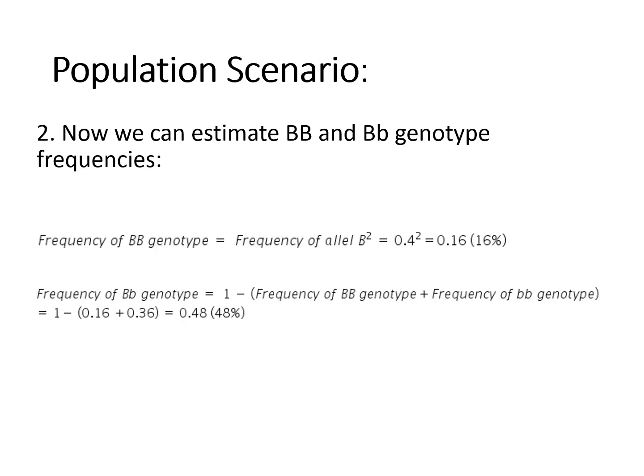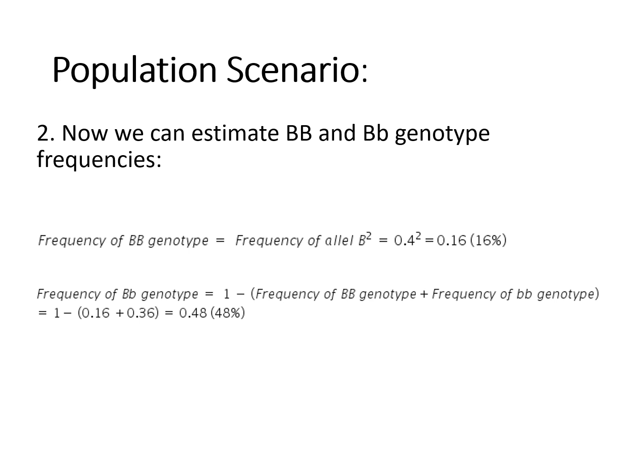Now let's calculate genotype frequencies. Starting with b lowercase squared, it's already given as 0.36, or 36% of the population. For B capital, that's B capital squared, 0.4 squared, which equals 0.16.